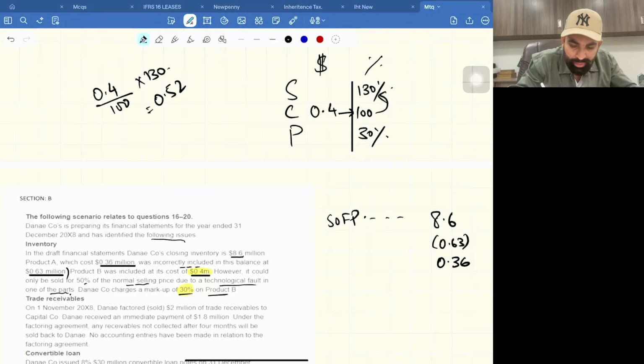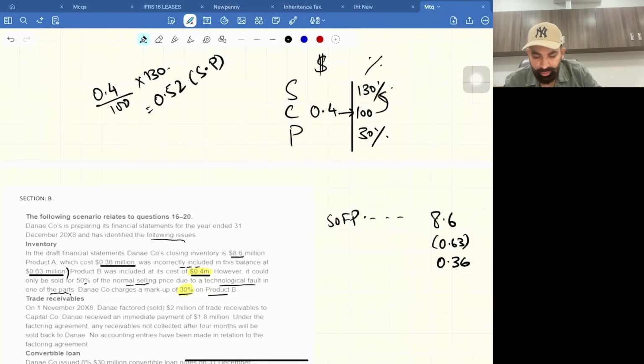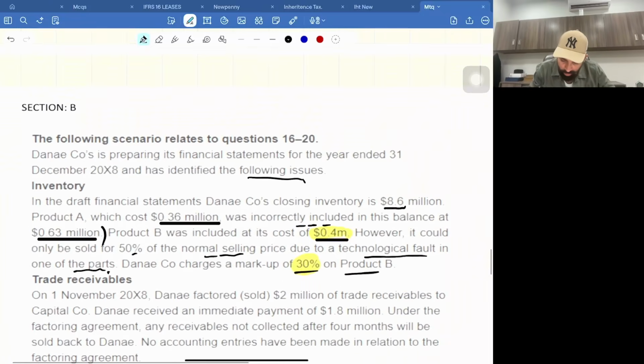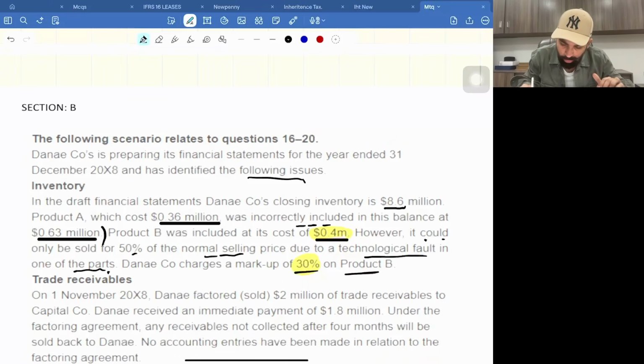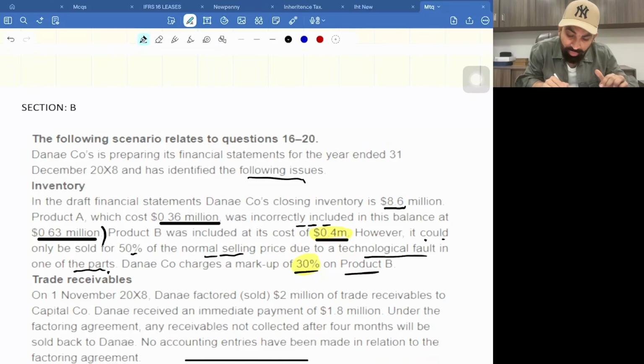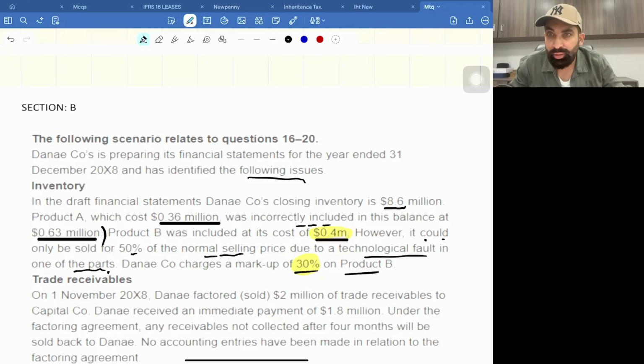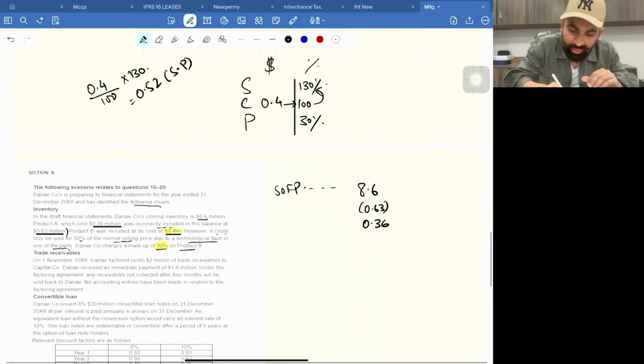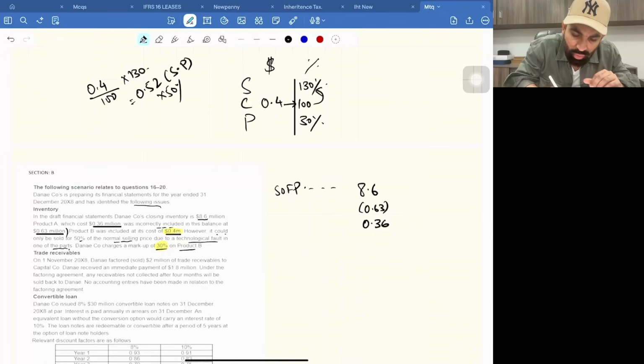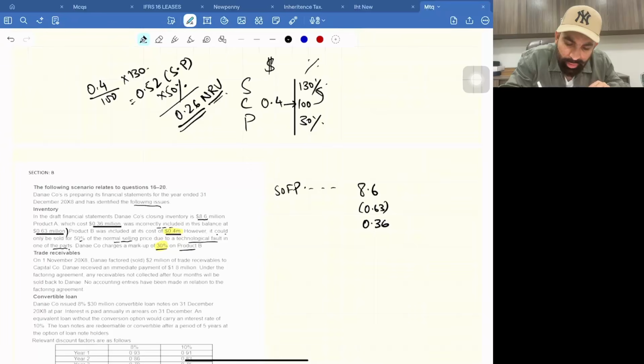This is the normal selling price. Now use your brain. It is written, however, it could only be sold for 50% of the normal selling price. So the real selling price is 50% of this. 0.52 multiplied by 50% is 0.26. So this is your NRV.